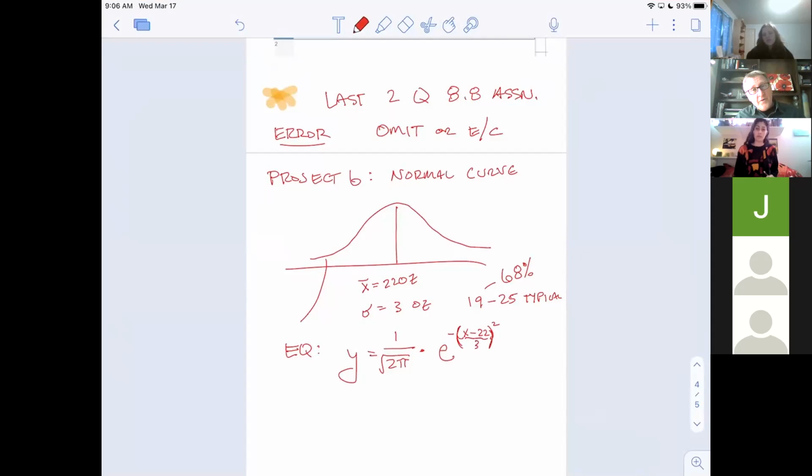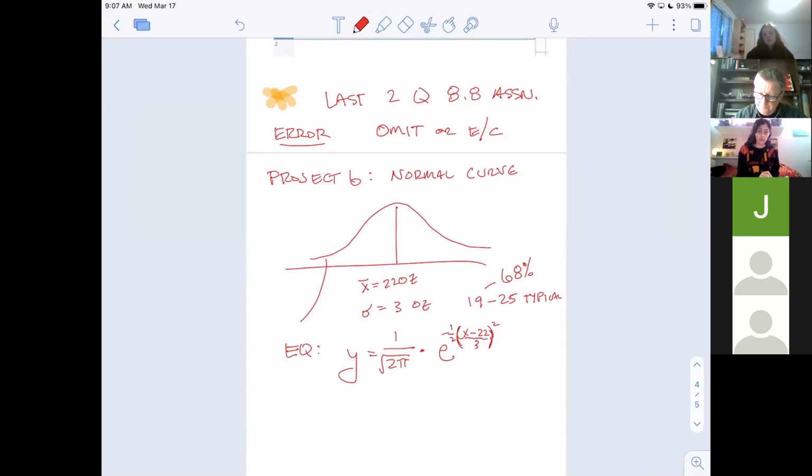Now what that's going to give you is our curve that's centered on 22, and you should know some algebra: x minus 22, doesn't that slide the normal distribution right 22? So that's going to put our normal distribution right on 22. I just couldn't remember where the sigma, the standard deviation, went. And then there was also a 1/2 out in front of this. So it was actually negative 1/2. So there's the formula. So let's go graph this.